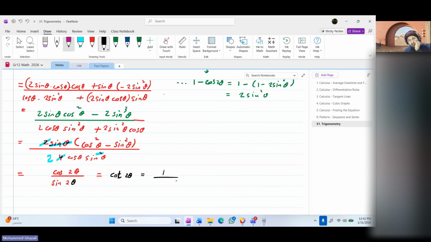And cot is the same thing as 1 over tan. So you can write this as 1 over tan 2 theta. So you can go directly from that step to that step. So this entire thing is just 1 over tan 2 theta.